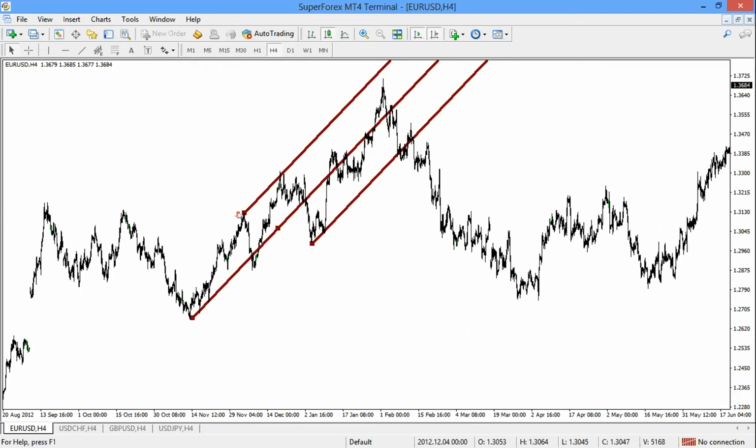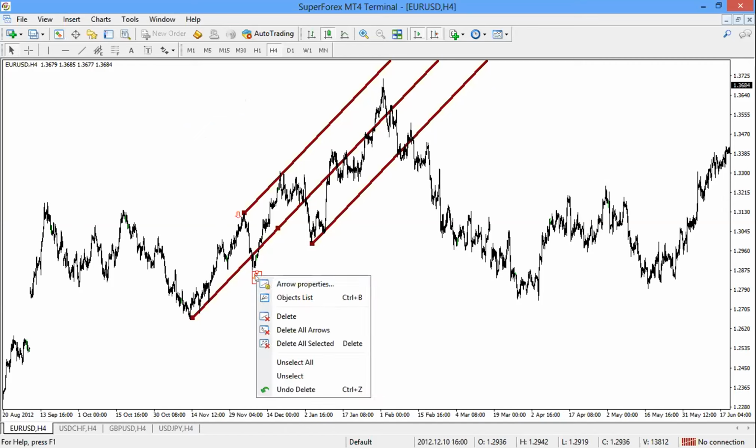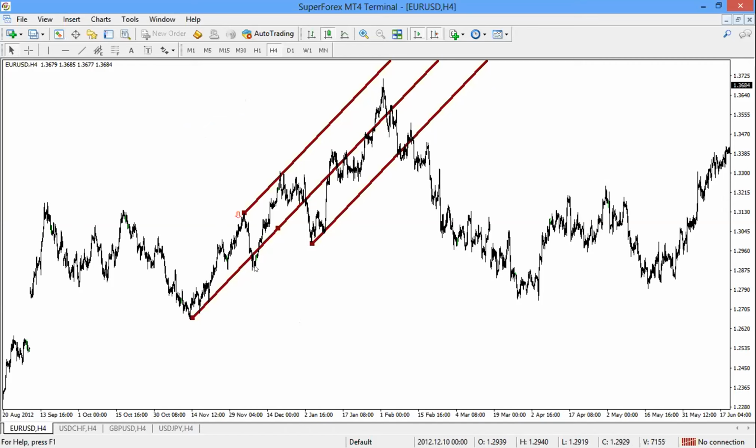The market came down. This one was also a rejection point, but I don't want us to use it. But okay, now you can see from here, it went up again, up to here. You can see the third point.